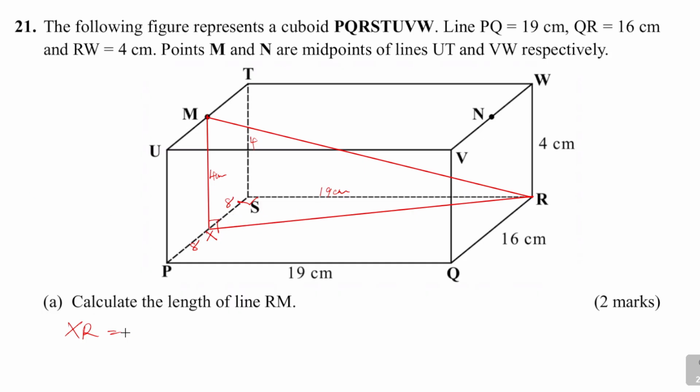We simply use Pythagoras theorem for that, and we shall get it by taking 19 squared plus 8 squared, then get the square root to give you 20.62 centimeters.